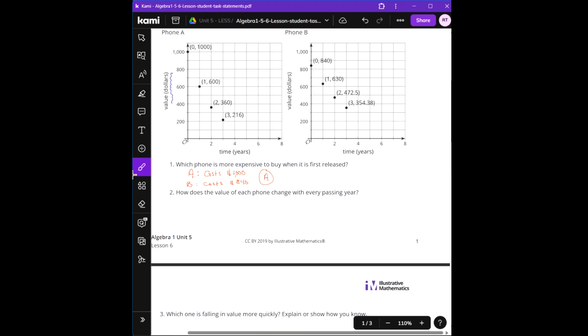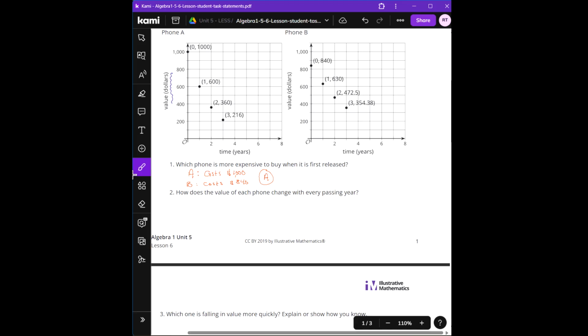How does the value of each phone change with every passing year? If we look after 3 years, we have $216 for phone A. And for phone B, it looks like we have $354.